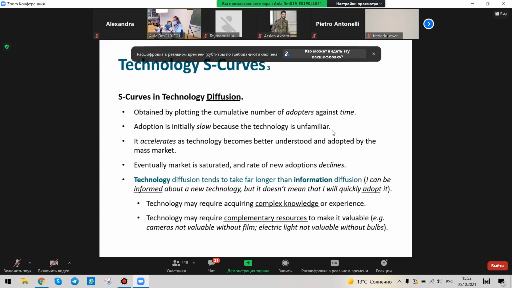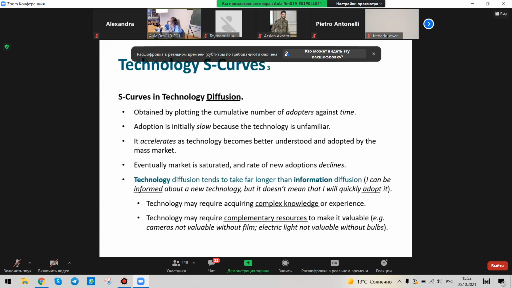Yes, it is also like the product life cycle, quite the same. So again, we have this S shape. The thing that we have to precise is that here we are talking about adopting a technology, and this doesn't mean knowing that a technology exists.